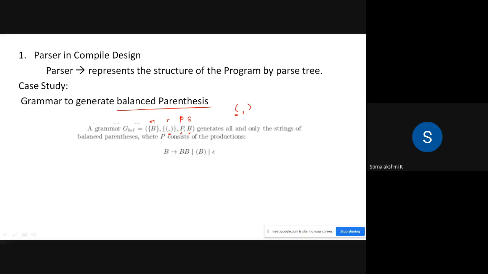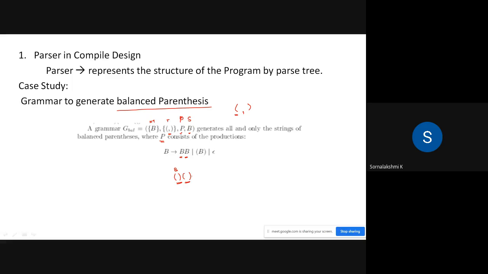Now let us consider the production rule P has this production rule. For simplicity, we're not considering any other symbols. We consider only the brackets. Now B and B concatenated together. This is concatenation. So in case this B is already balanced, this B followed by B is again balanced.